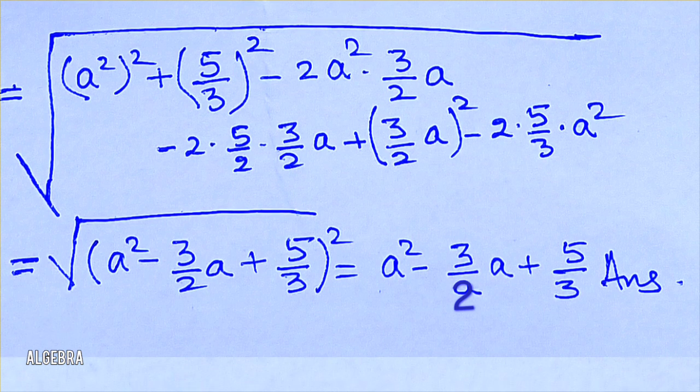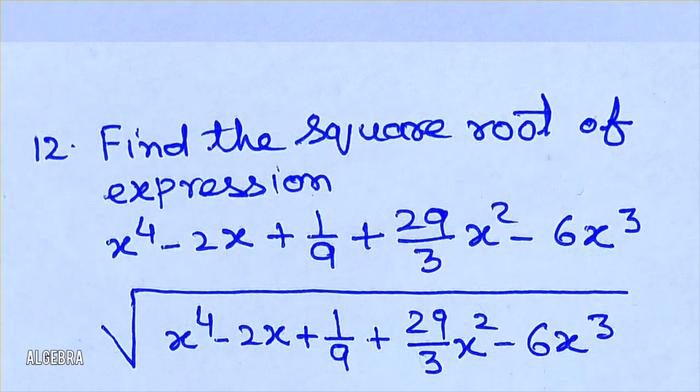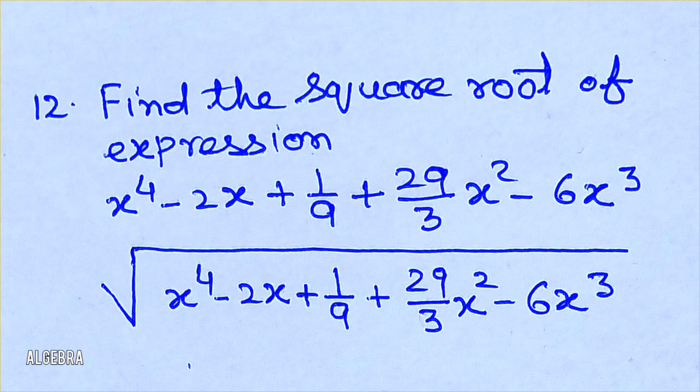Answer. 12. Find the square root of the expression x^4 - 2x + 1/9 + 29/3 x^2 - 6x^3.